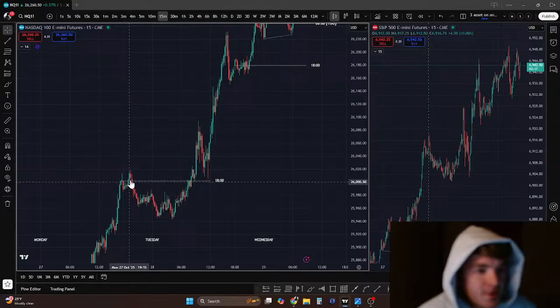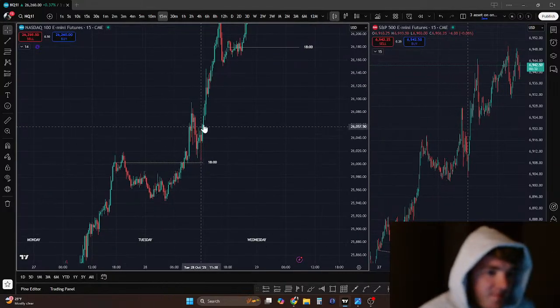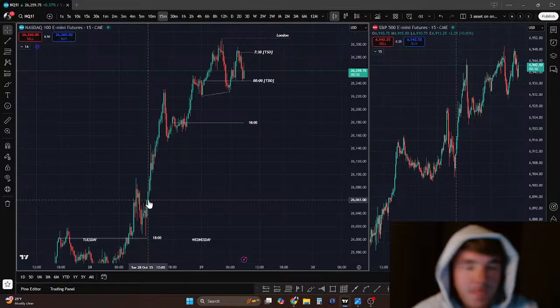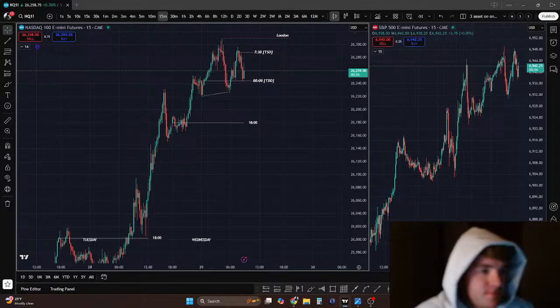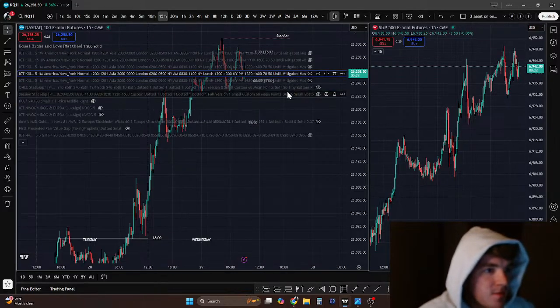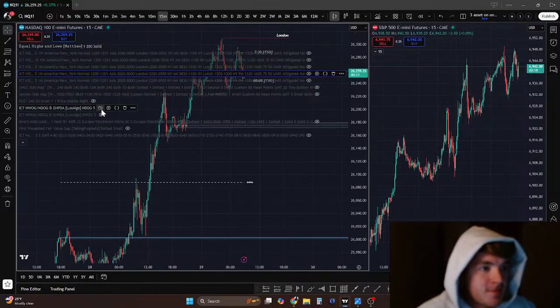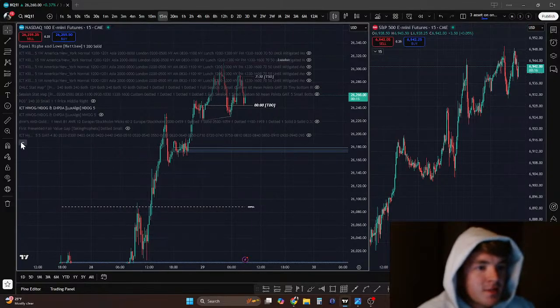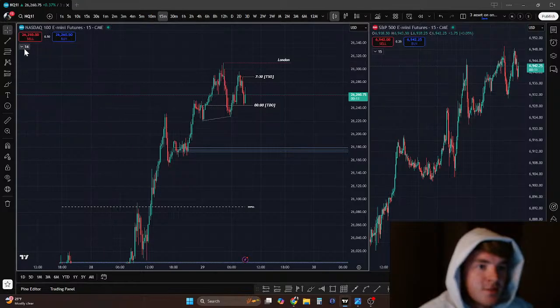Here's true week open all the way down there. Oh, new day opening gaps. Okay, we have a new day opening gap right here. That's too far down for me to mark.